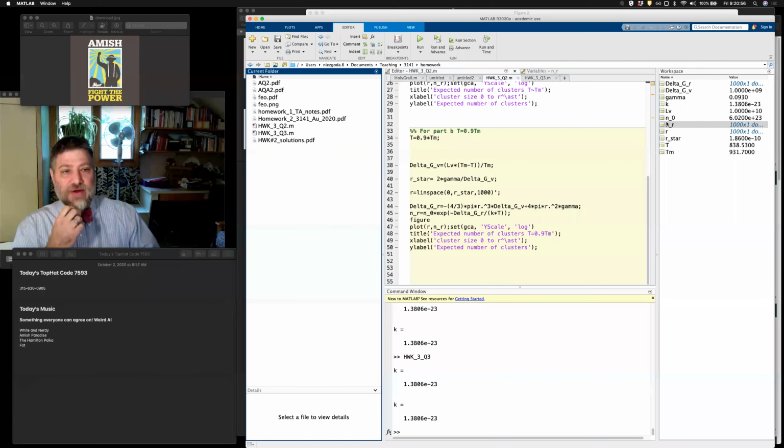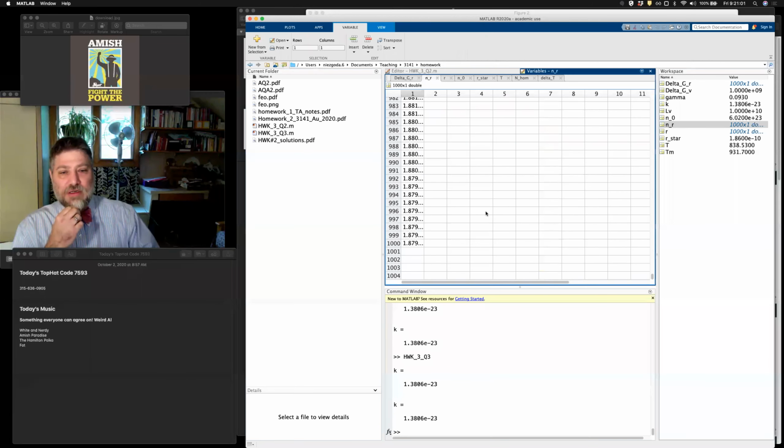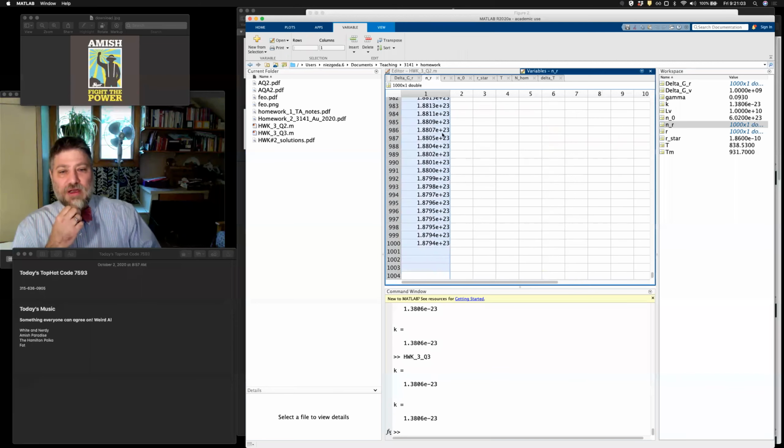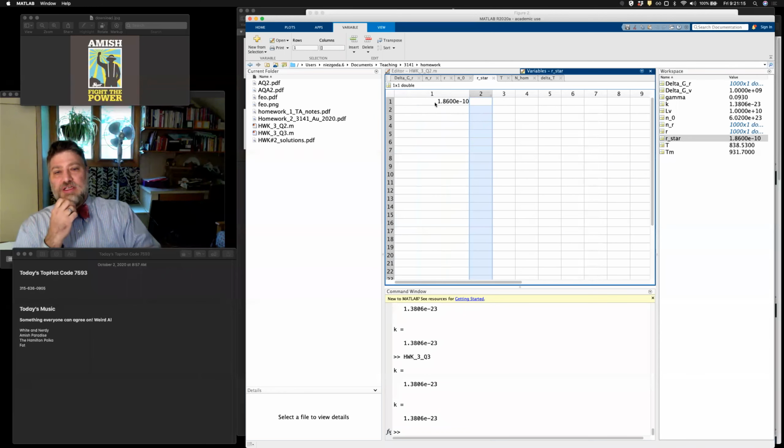And if we look at the actual values, the number of clusters, we still have about 2 times 10 to the 23rd clusters of size R star. And our R star is tiny, super small.